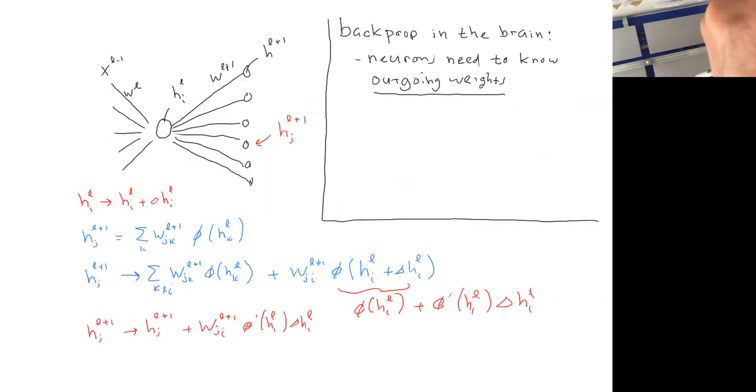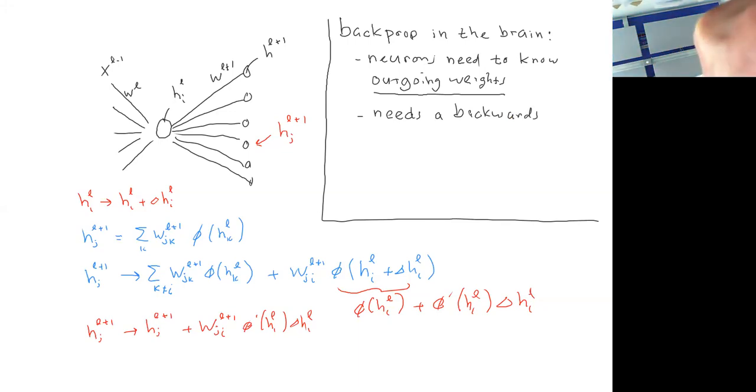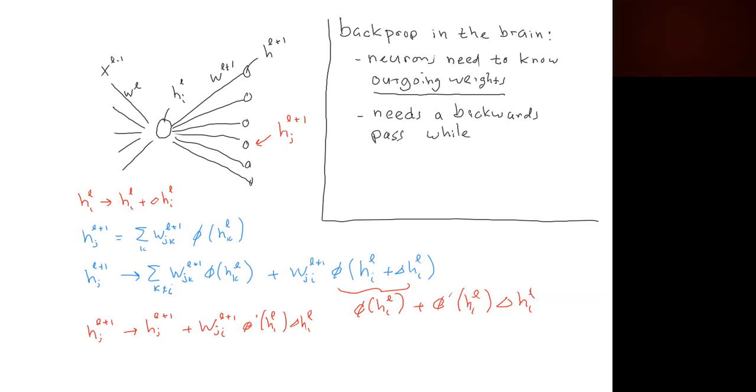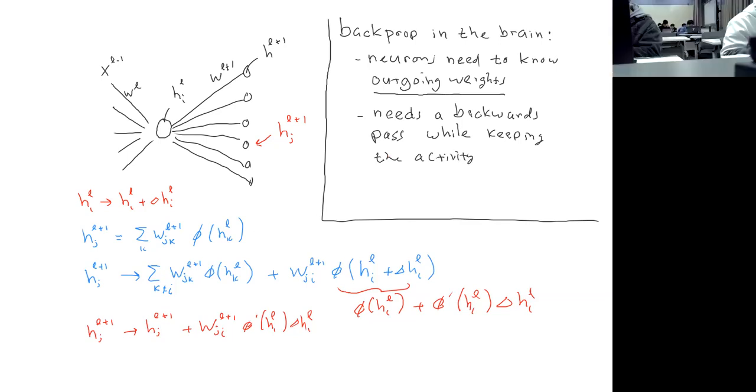And it also needs a backwards pass while keeping the activity in the forward pass.